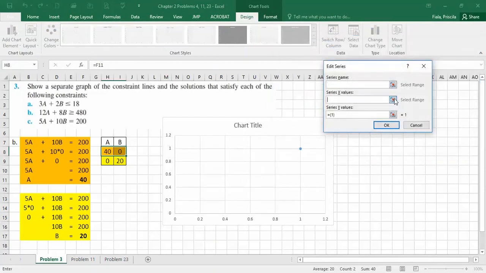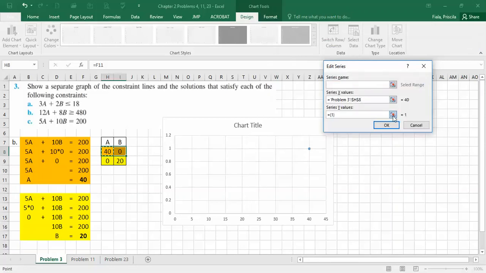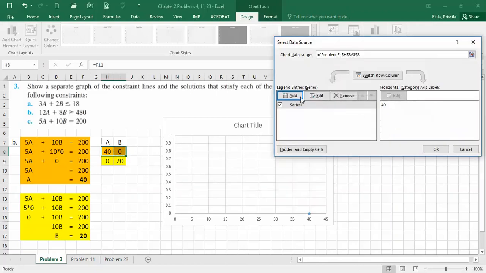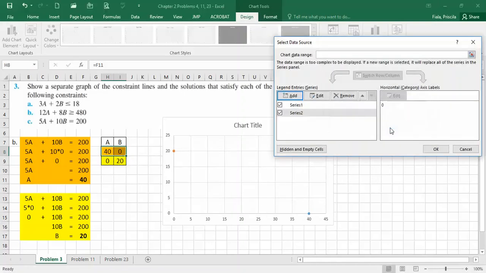I'm going to add where this is X or A and this is Y or B. And now I'm going to add a second one where A is 0 or X and then B or Y is 20. Okay. And then you see the points over there.